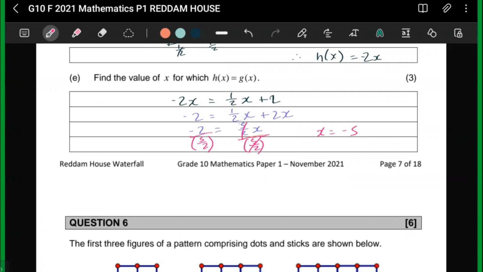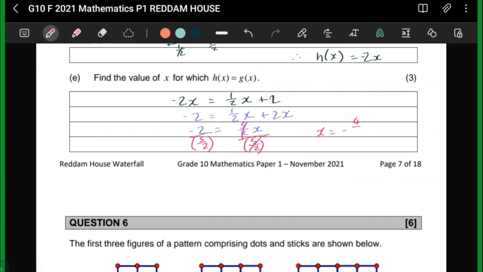So I took this over, became a plus, and then I took the other one. So 2 plus a half is 2.5. Yes. And then, oh yeah, that's my mistake. The answer here is not a 5, bro. This is what happens when you do mental maths.